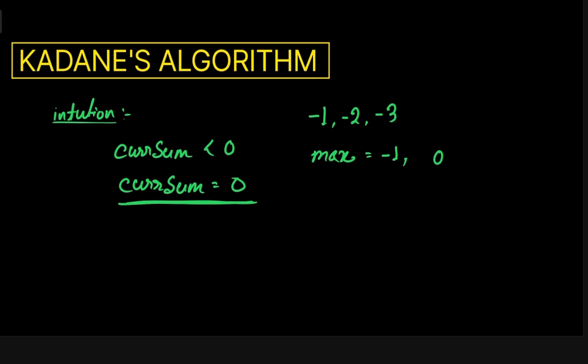So let's see how this actually works. There will be a current sum, which will be 0, and the maximum sum will be -infinity.